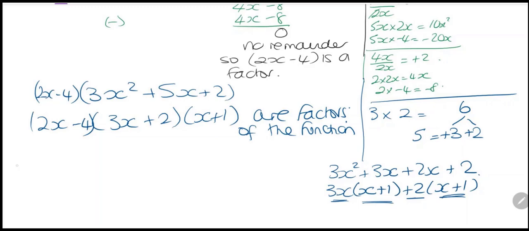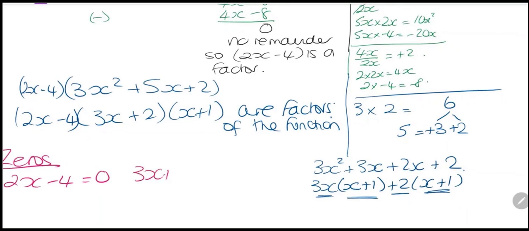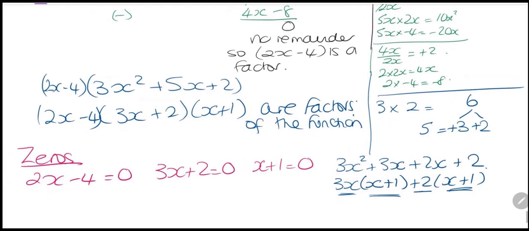So now to find the zeros. So 2x minus 4 is 0, 3x plus 2 is 0, and x plus 1 is 0. So 2x is equal to 4, so x is equal to 2.